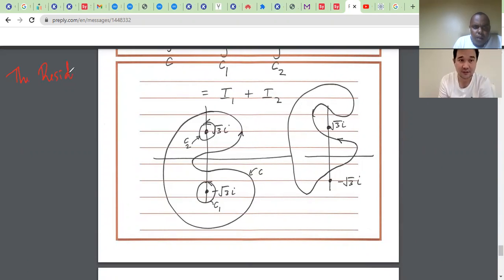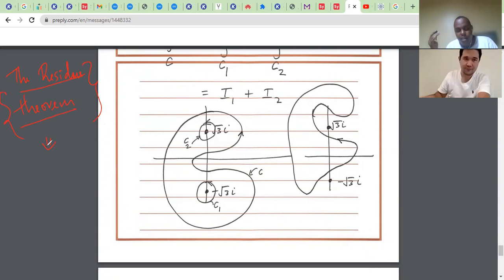I also sent you the last lecture, which was yesterday. And the residue theorem is the theorem I use to solve complex integrals. It's an alternative to the Cauchy integral formula.